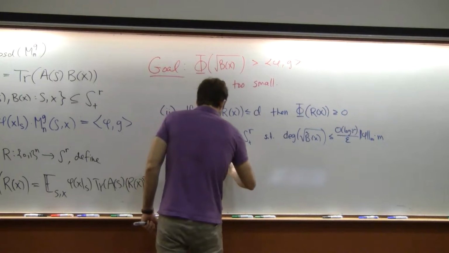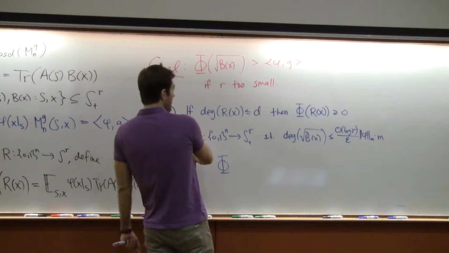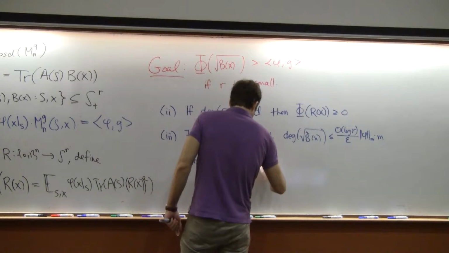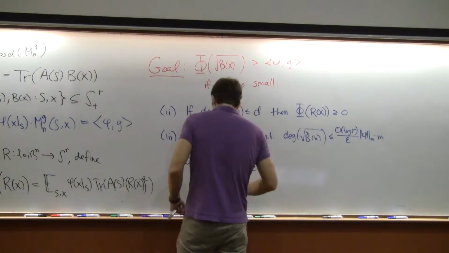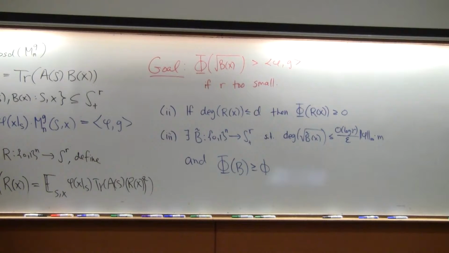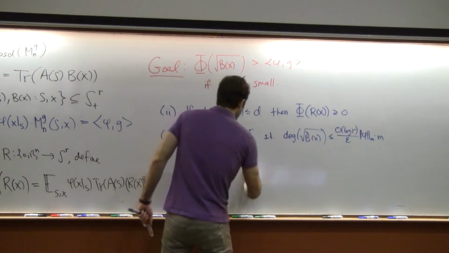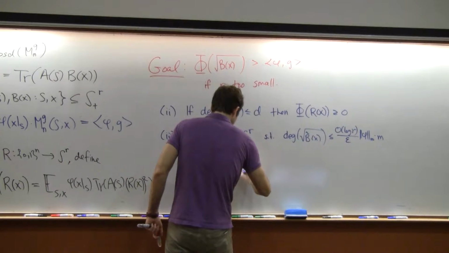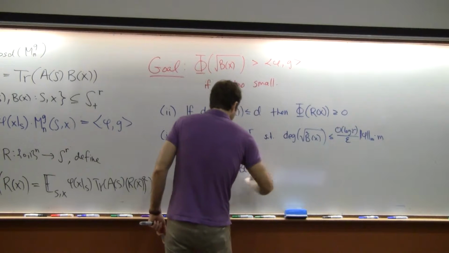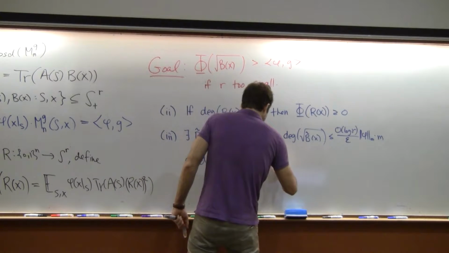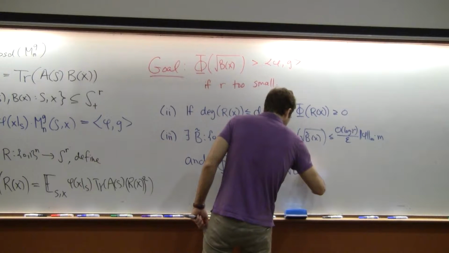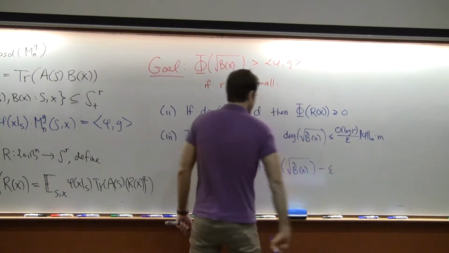And the property we had was that the sense in which b tilde approximates b is that phi of b is at least phi of square root of b. The square will help us in a second. It's hurting us now, in terms of notation. So if we apply this to phi of square root of b, it's at least what happens when we apply it to the approximator minus epsilon.